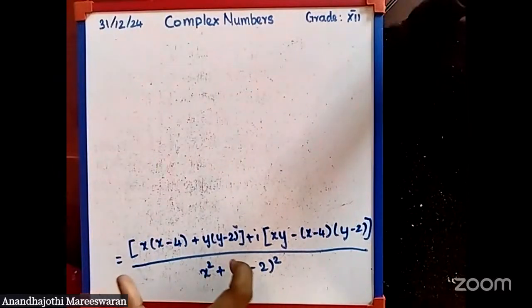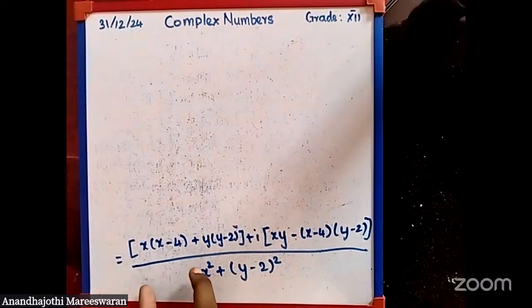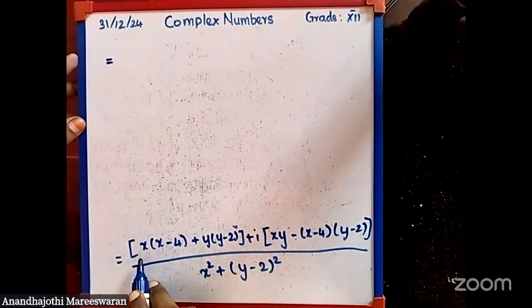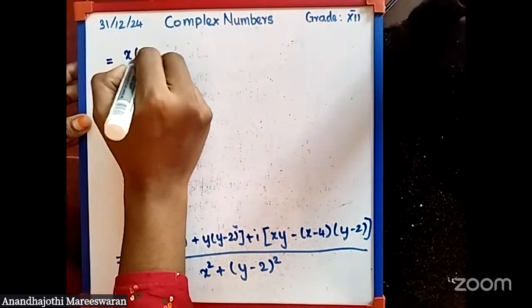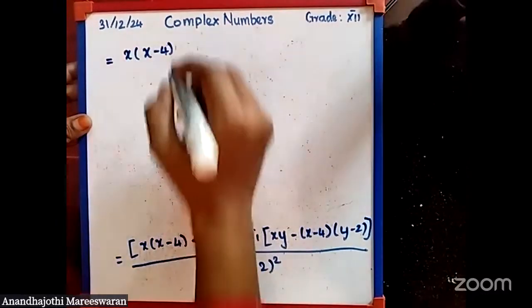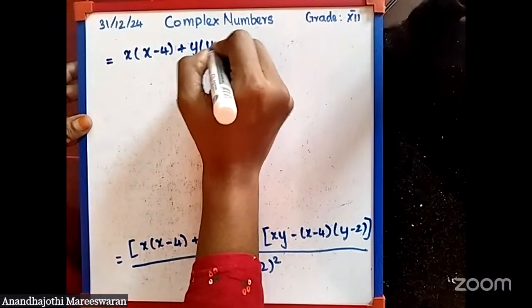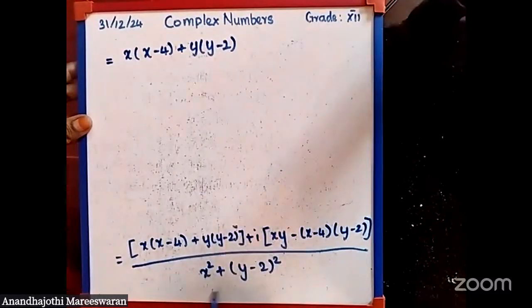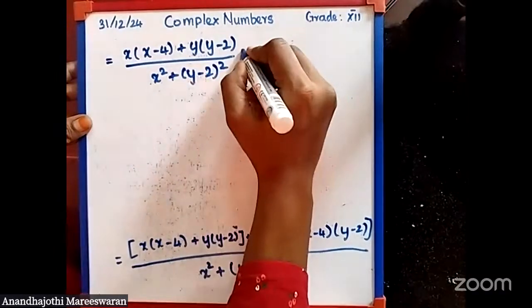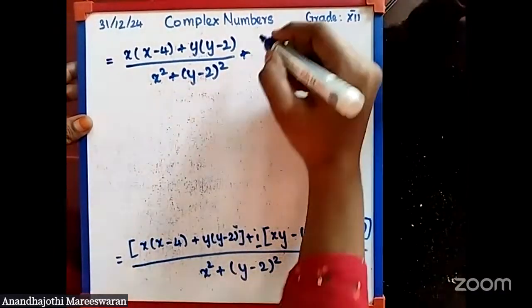So we have two terms, real part and the imaginary part. Both have a common denominator. So I'm going to separate this denominator to this one and to this one, right? Shall we write it down separately? Yes. What we have here? x multiplied by x minus 4 plus y multiplied by y minus 2, divided by what we have? x squared plus y minus 2 the whole square, plus, here's the imaginary part, right?